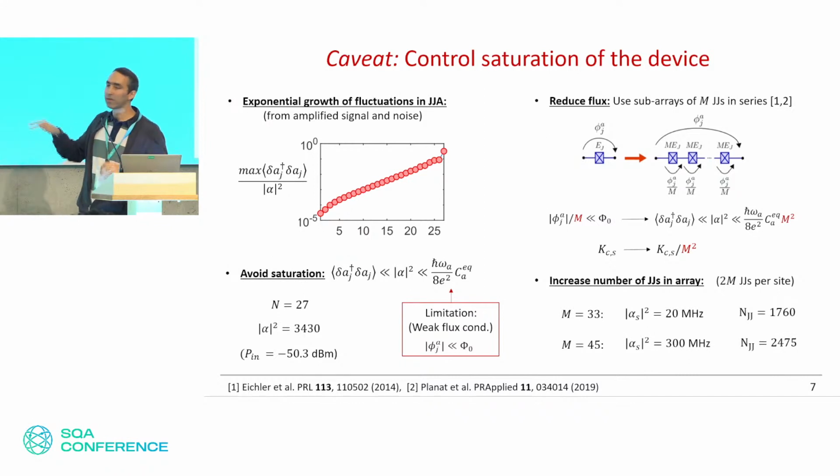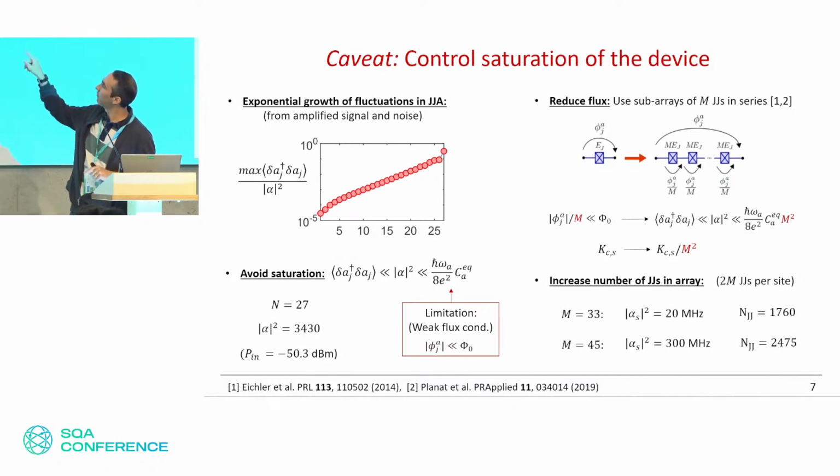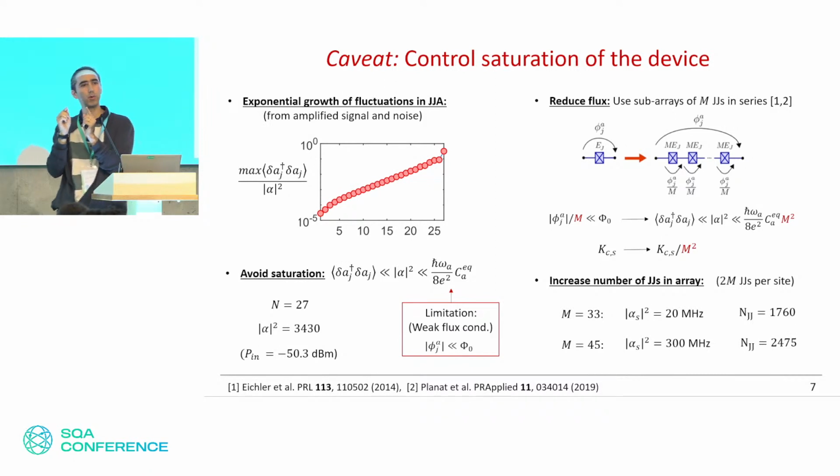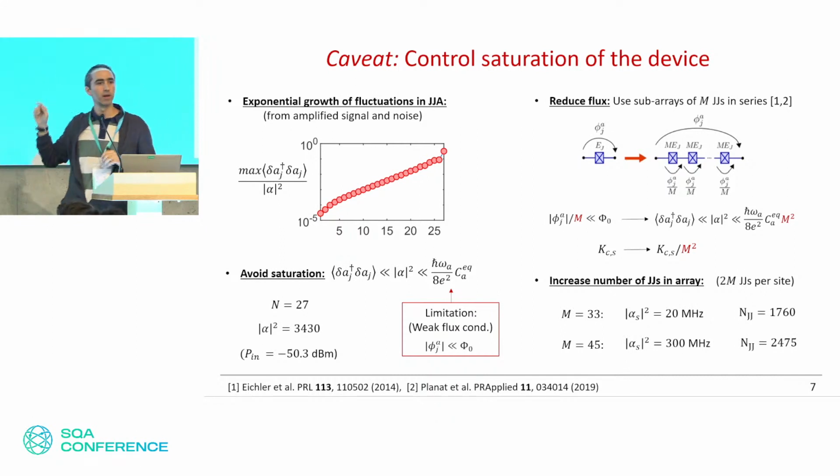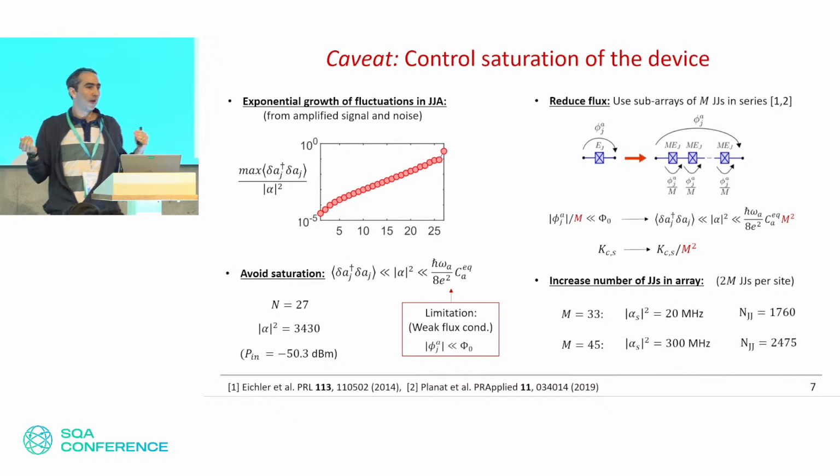So if you do that, everything will be the same, except that the total flux from one end to the other will be the same, but on each element it will be m times lower. And this makes the upper limit in this inequality increase by m squared, depending on the number m that you can build.